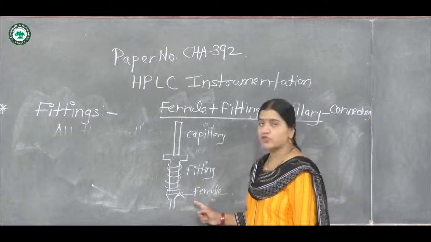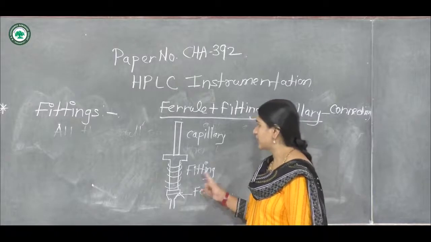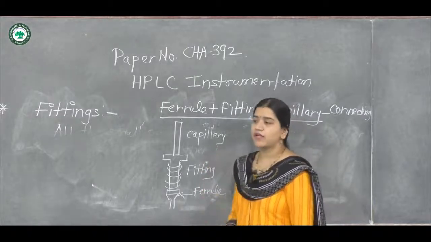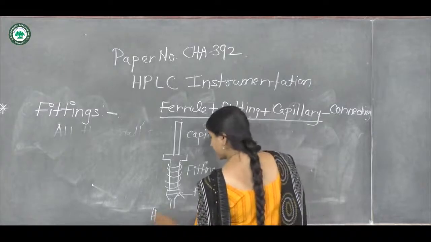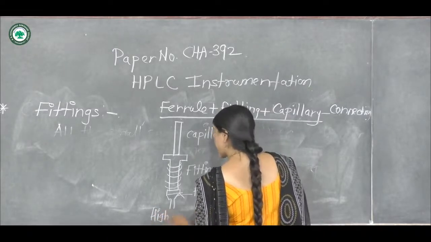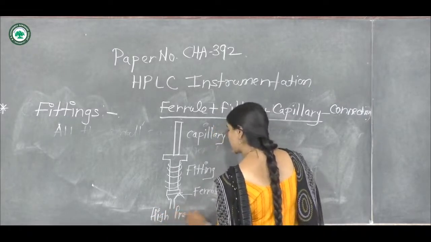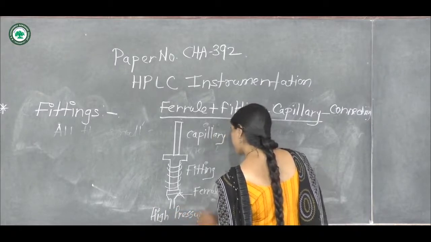So the combination of these three, ferrule plus fitting plus capillary, forms a high pressure connection. So this is the diagrammatic representation for the high pressure connection.